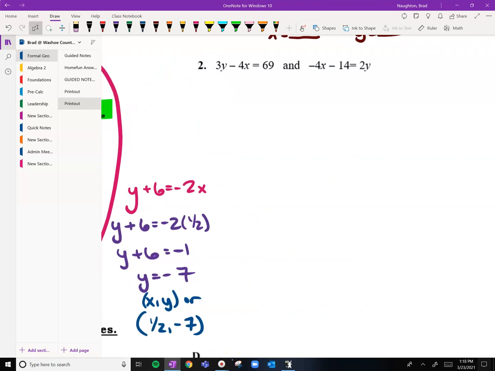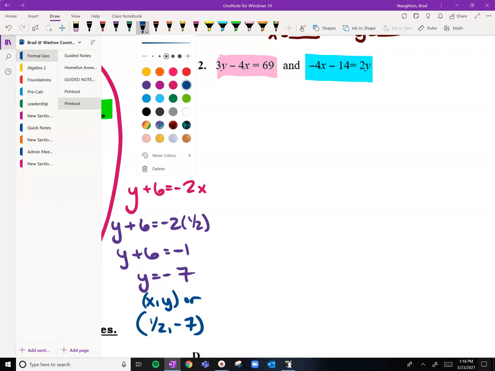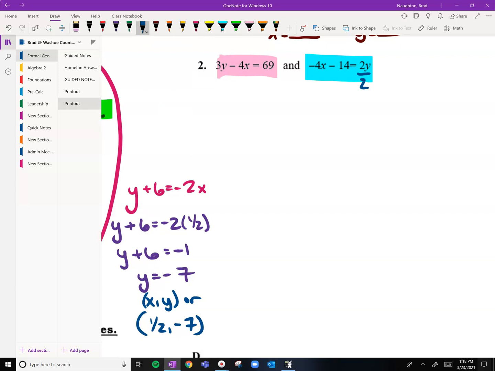So, ladies and gentlemen, in this equation, it doesn't look easy, and if I look at the pink equation, it doesn't look easy to isolate one of the variables. So let's look at the blue one. This y is by itself. So if I divide both sides by 2, I'm going to get negative 2x minus 7 is equal to y.